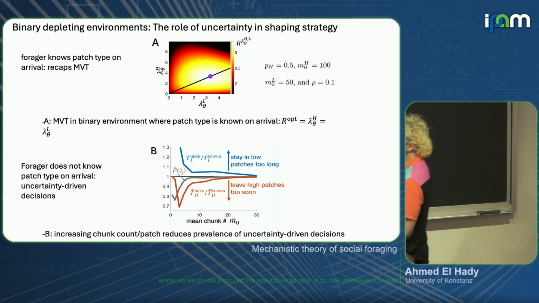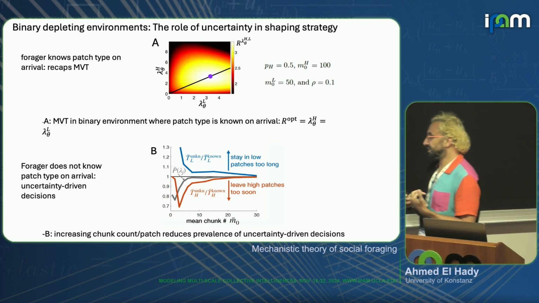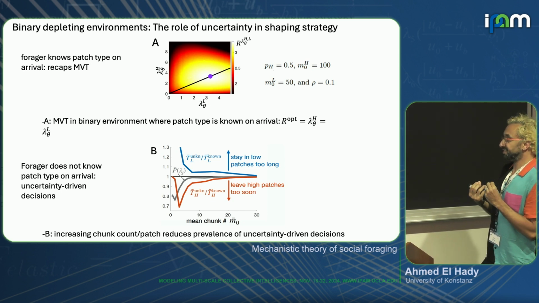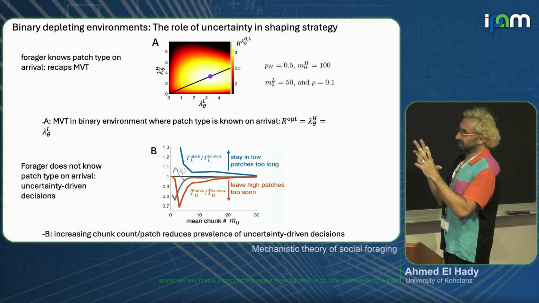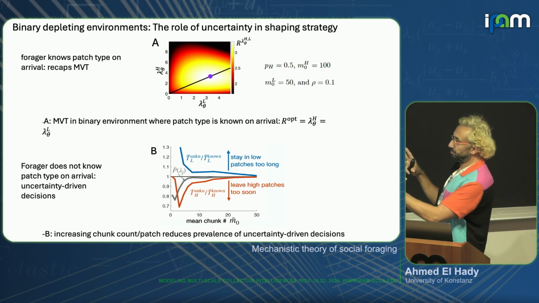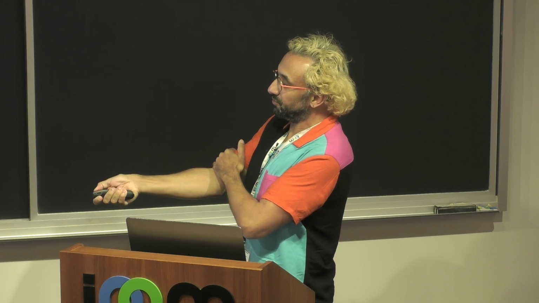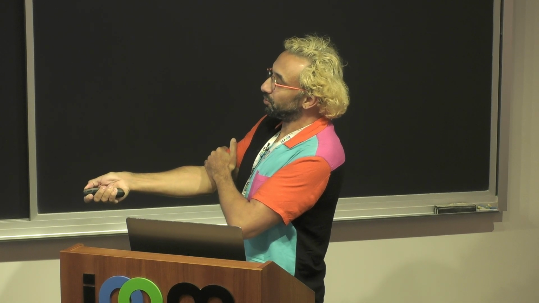But what happens if I have uncertainty in the environment? How can I model the uncertainty here? By looking at the fact that I have a certain amount of food in the patch, and I keep making this amount of food very hard to infer, which is a lower and lower number of food chunks.